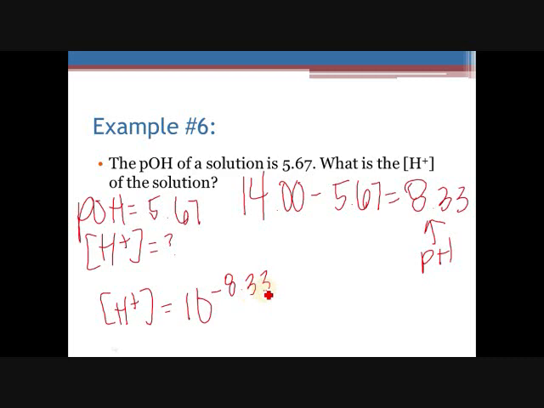Okay, calculator time. To use this equation, you need to look for the 10 to the x function, which is probably when you hit second and then the log button that we just used previously, where it says 10 to the x. So on my calculators, we have to type in 8.33, hit the negative sign, and then second log, and that will do it for you.